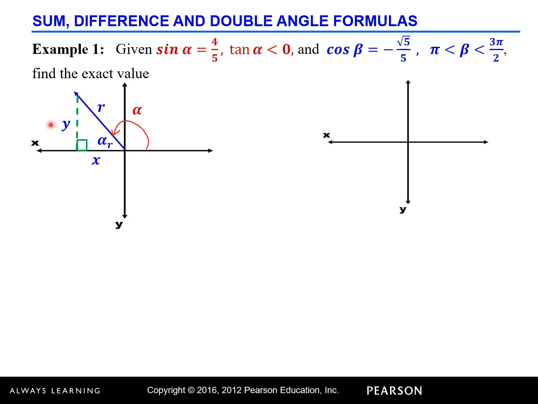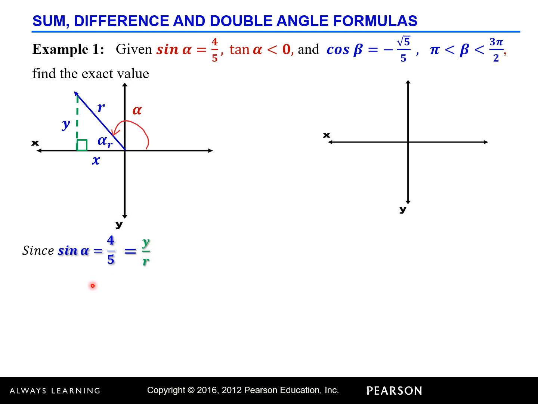To find the values of x, y, r, we use the given sine alpha, which is 4 over 5. Based on the definition, sine alpha is equal to y over r. We know that y is positive because the angle is in quadrant 2, so y is equal to 4. And the r value is always positive, equal to 5 because it is the hypotenuse.